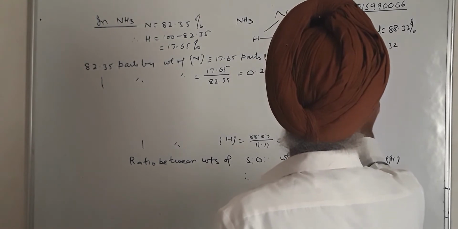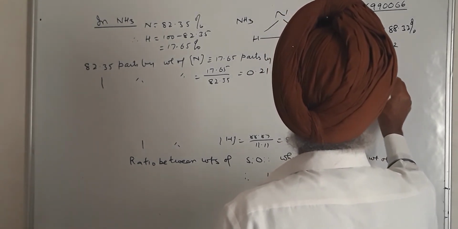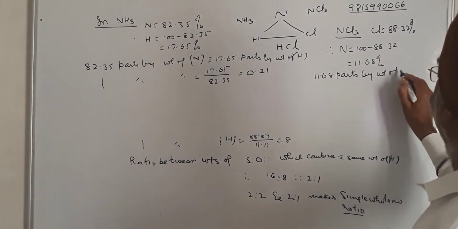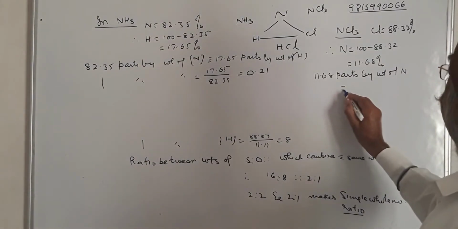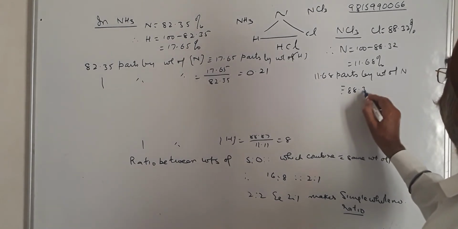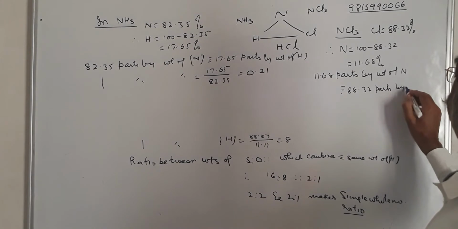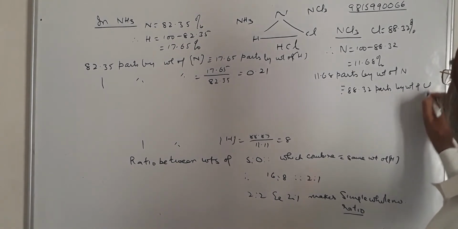In NCl3, 11.68 parts by weight of nitrogen combine with 88.32 parts by weight of chlorine.